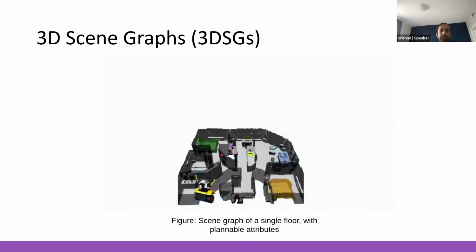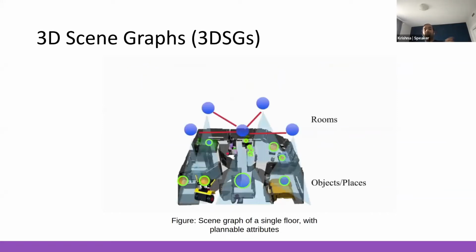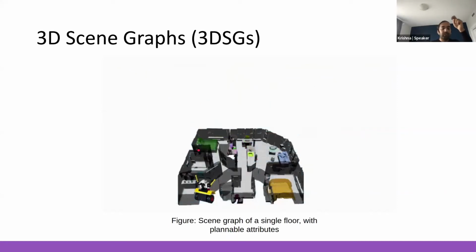And for connectivity across all of these, connected room nodes imply that there is a path from one room to another. And connectivity from the rooms to the lower level indicates a room-contains-object kind of relationship.